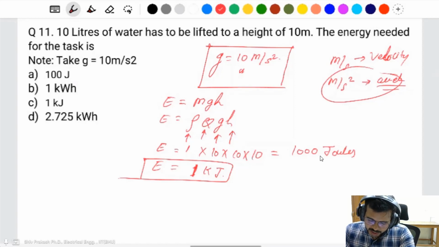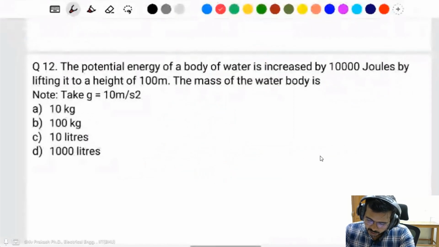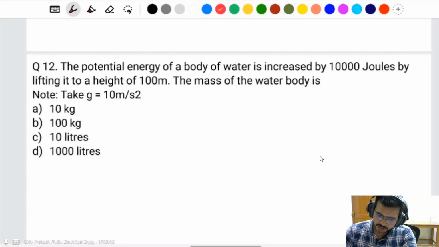Second, the potential energy of a body of water is increased by 10,000 joules by lifting it to a height of 100 meter. Then what is the mass of the water body? Same thing, mgh.